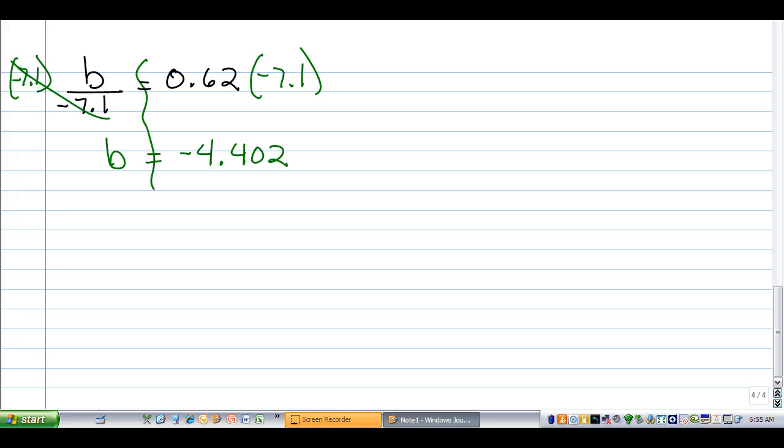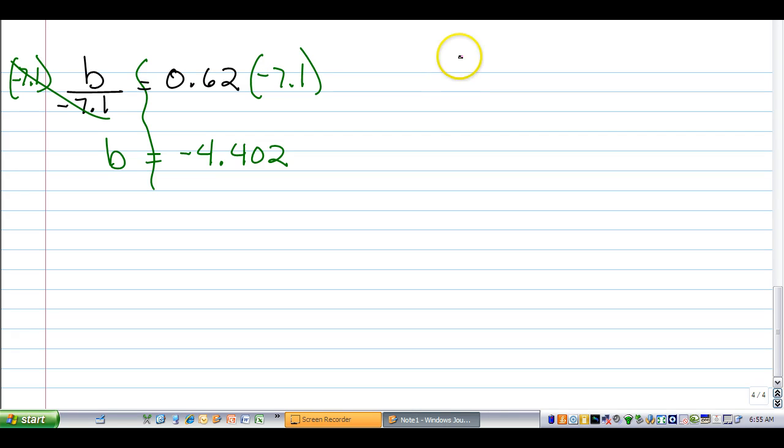All right, did you get B equals a negative 4.402? I hope you remember that you could use your calculator, but if not, good for you for working it out. Okay, and it's a negative because we have one negative. We have different signs.